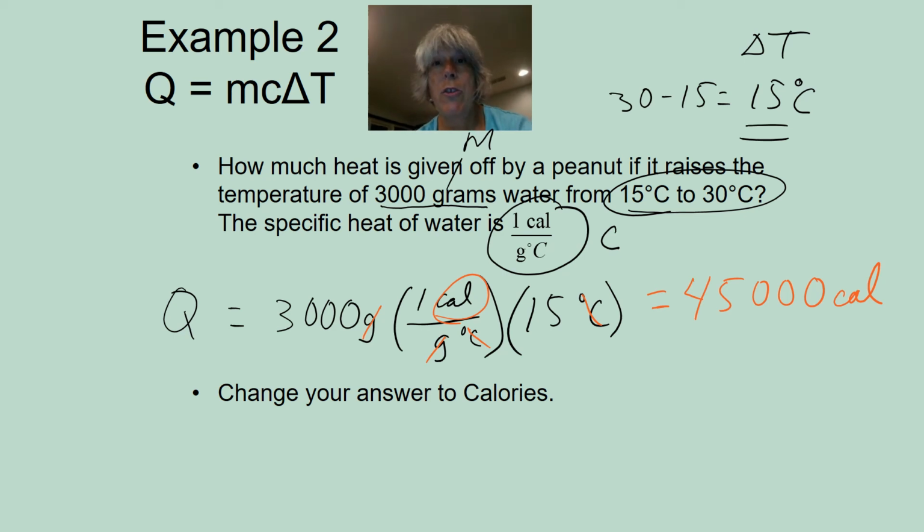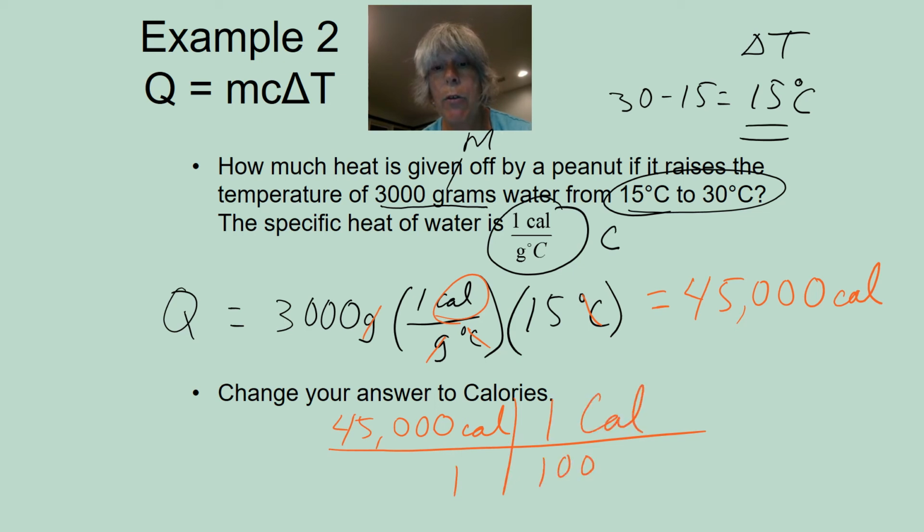Okay, changing it to capital C calories, we take our 45,000 little c calories, and our conversion factor is 1 capital C calorie for every 1,000 little c calories because capital C calories are really kilocalories, and kilo means 1,000.